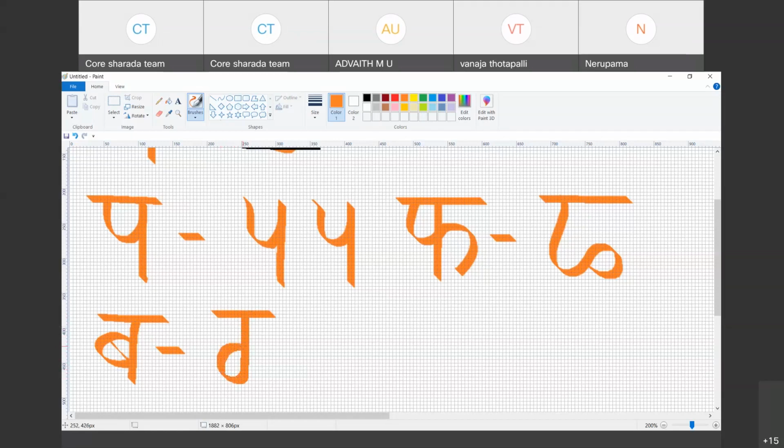Then we draw this loop here. And this loop has to be big. This loop won't be small like how we have in ra or e, how we draw a very small triangular loop at the end. But this one is going to be big. It will cover half of the line. Okay, so this loop, keep it bigger.